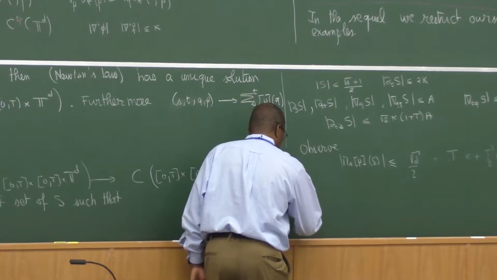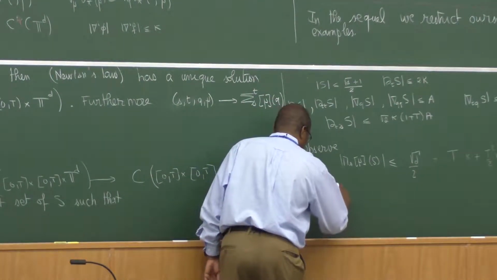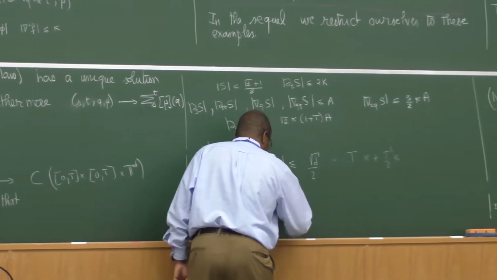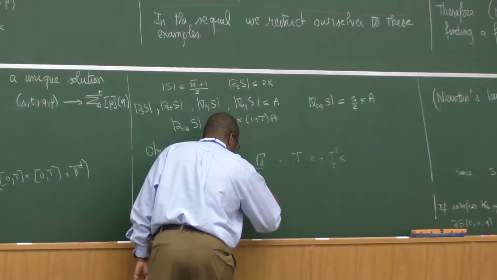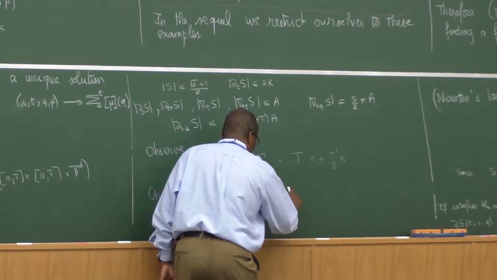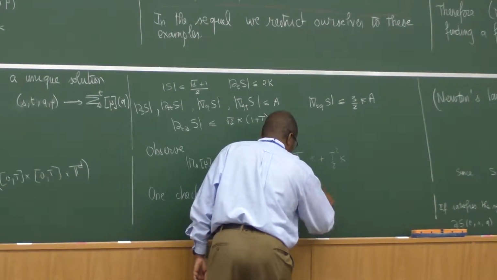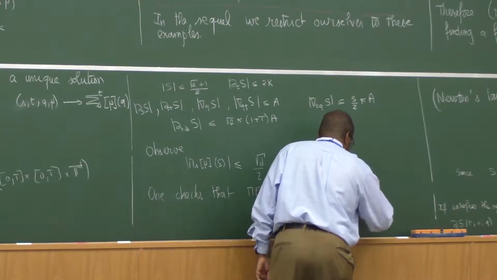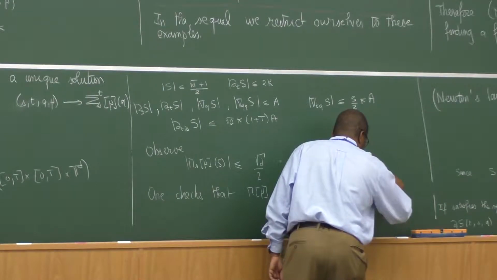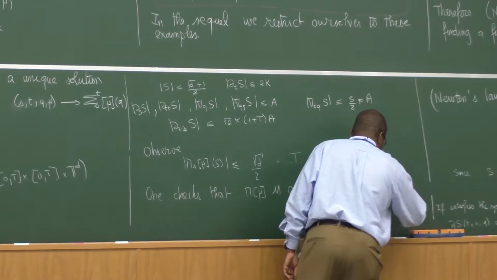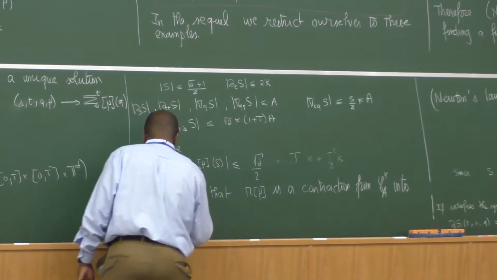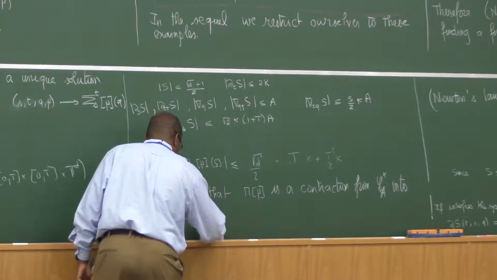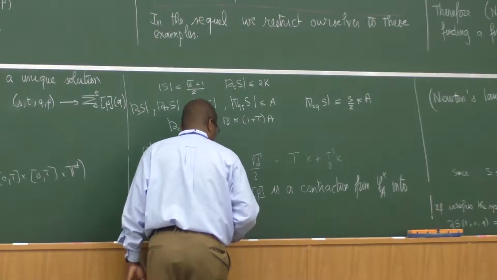And so you can check that M mu is a contraction from C star A into C star A if T is small enough.